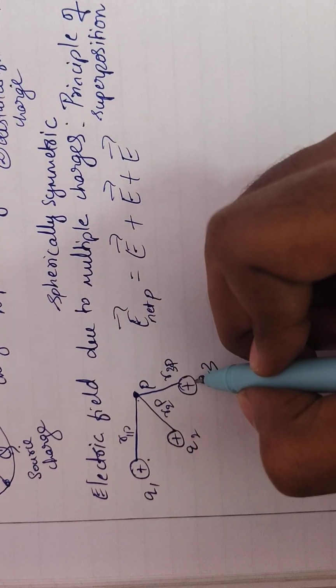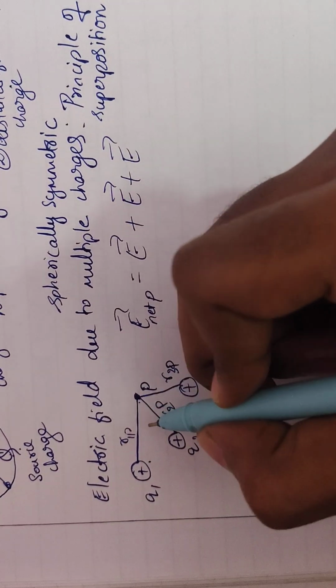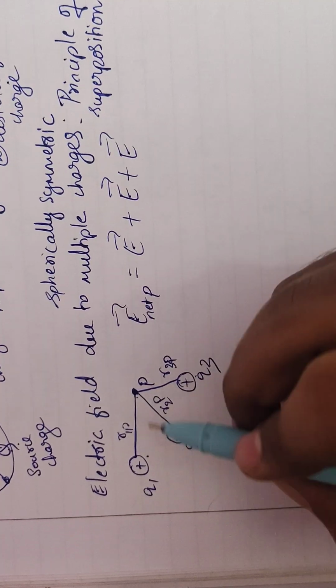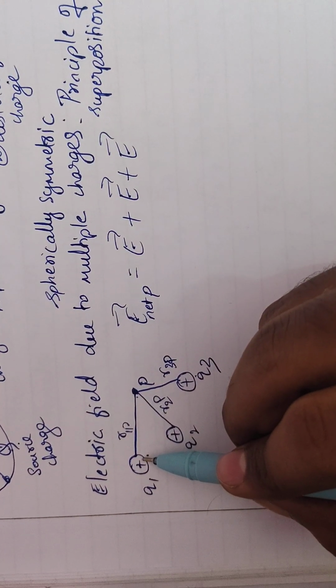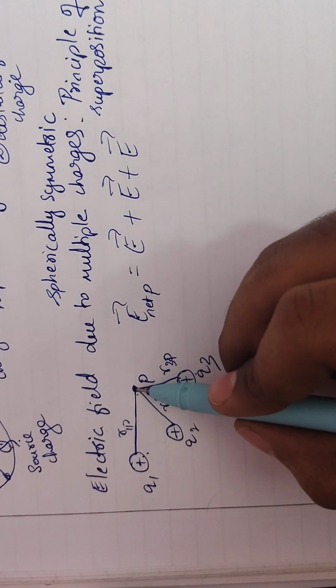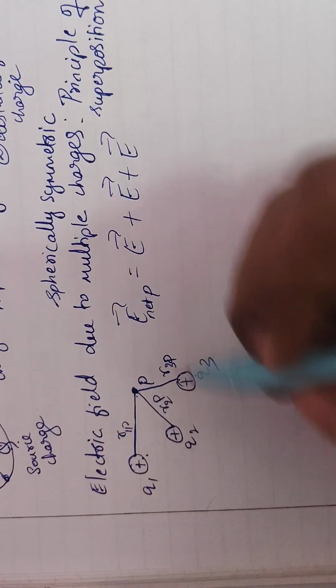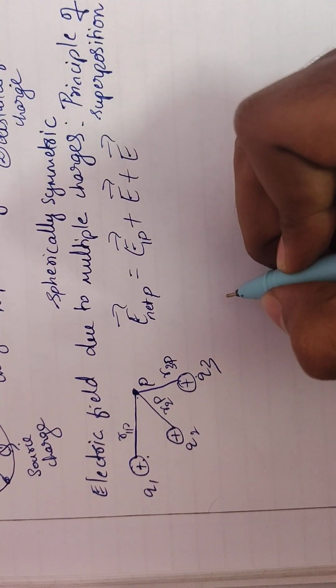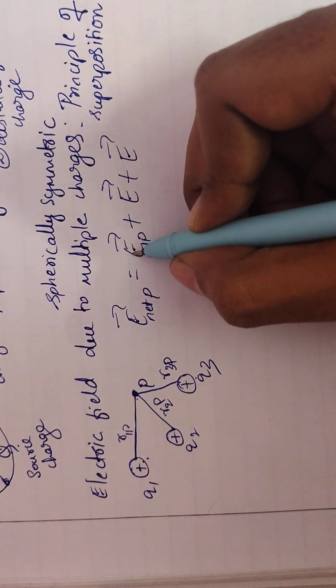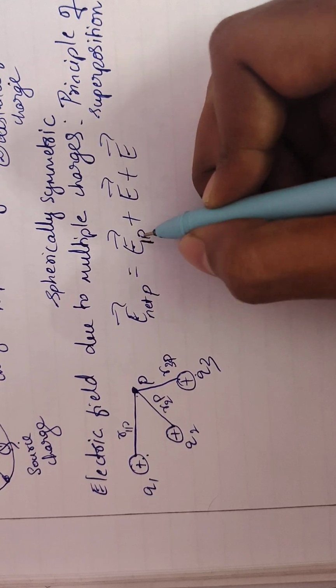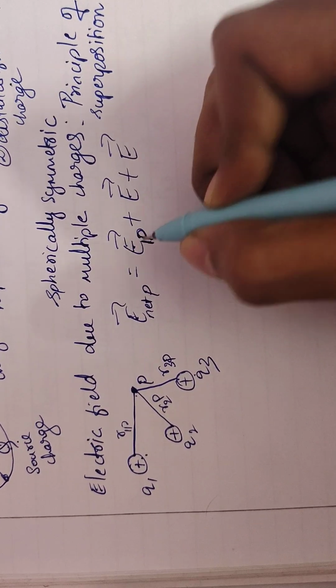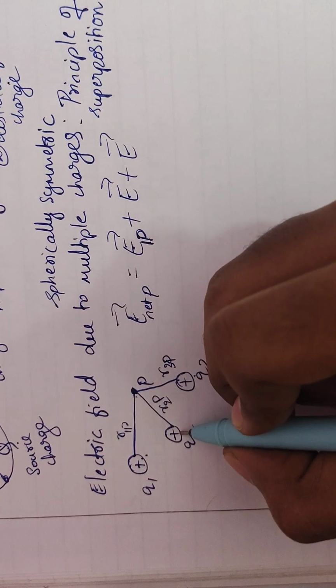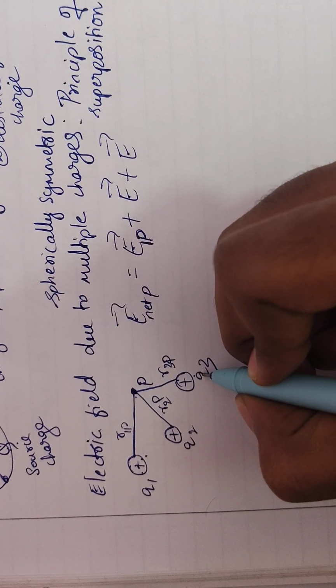Okay, now consider this system, consider this point. Now ignore Q2 and Q3, consider only charge Q1. What is the electric field at point P due to charge Q1? I will represent it as E1P, and you will read it as electric field due to charge Q1 at point P. Similarly, while dealing with charge Q2, ignore charge Q1 and Q3.